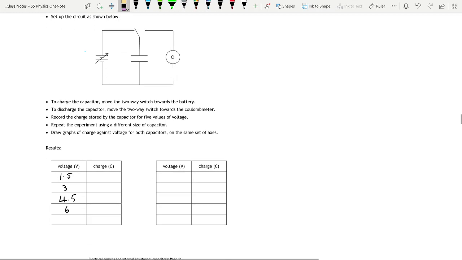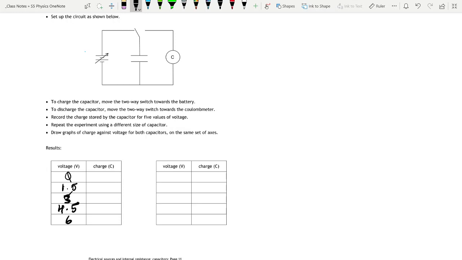So in this case, if you use the yellow boxes, you could start with 0, because you know that that's going to be 0. Then you could go for 1.5 volts, then 3, then 4.5, then 6 volts.